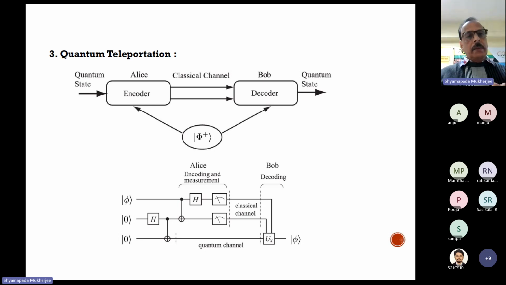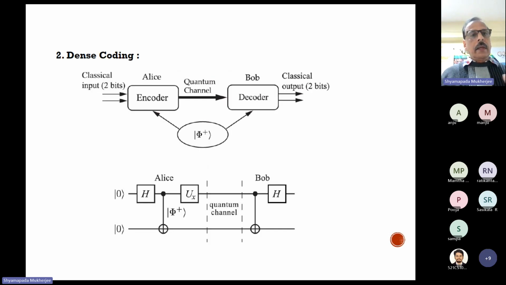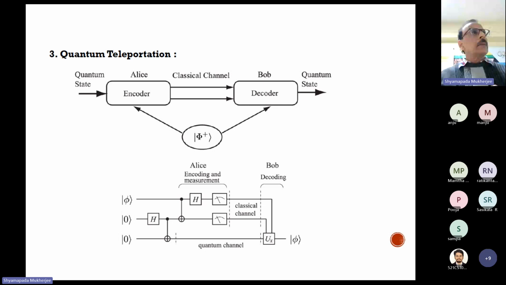In quantum teleportation, an arbitrary quantum state is transferred from Alice to Bob through a classical channel. What is the difference between these two? In dense coding, classical inputs are passed from Alice to Bob through a quantum channel, but in quantum teleportation, the quantum state is passed from Alice to Bob through a classical channel. In mathematical language, it is called the dual of dense coding. In dense coding the information is a classical bit, and here the information is a quantum bit.